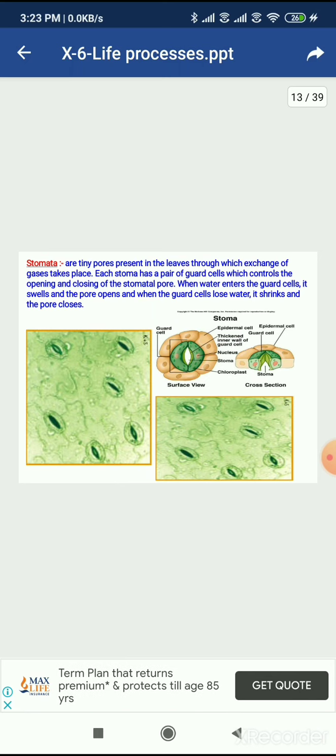So in this way, stomata open and close, and their opening and closing depends on the quantity of water absorbed by the guard cells. These stomata help in exchange of gases. They help in intake of carbon dioxide and release of oxygen into the atmosphere.